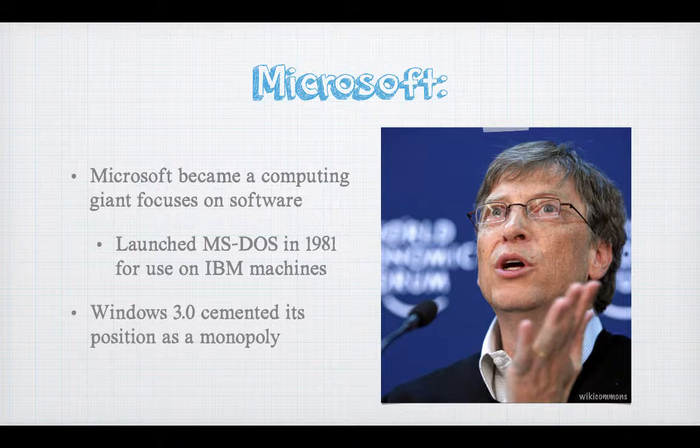And it would grow and grow and grow. It worked great with IBM. IBM controlled the market, and what you saw was a tremendous amount of growth taking place from that. Windows 3.0 was what really cemented Windows as getting ready to enter that monopoly.